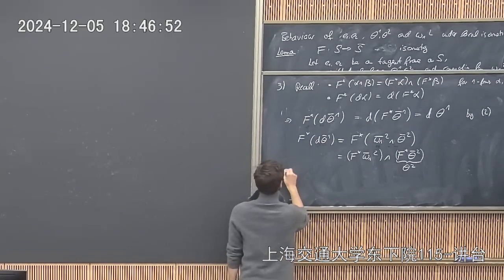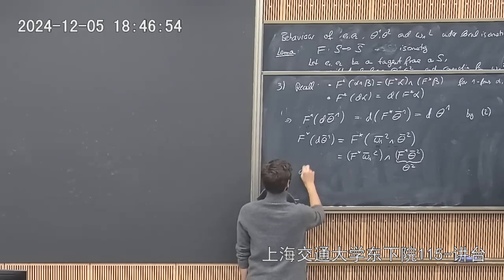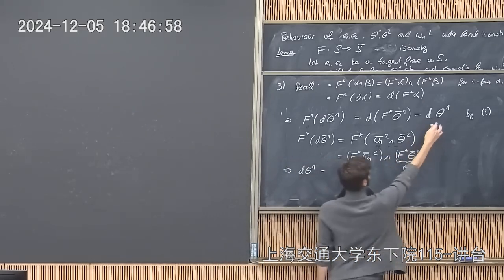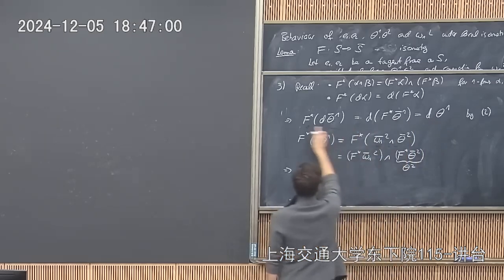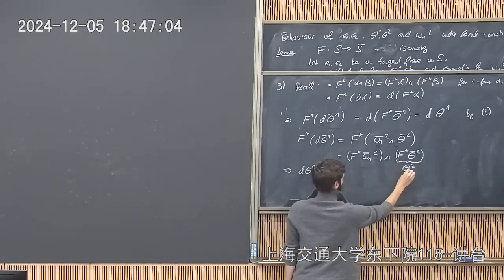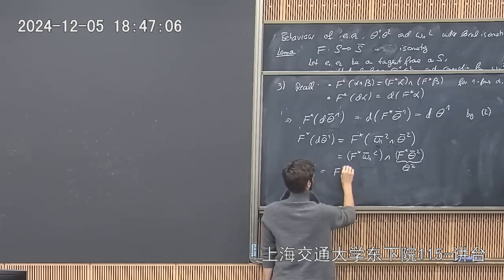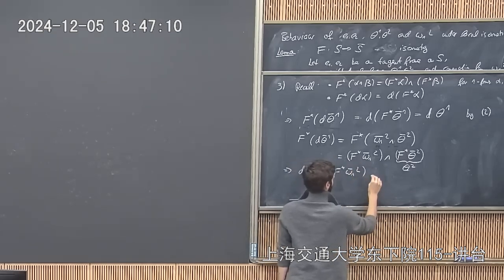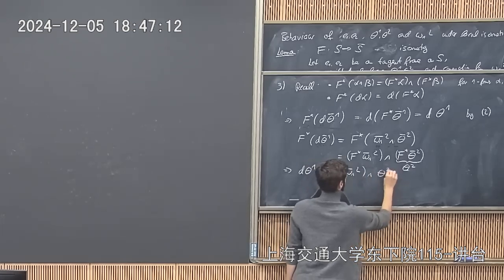So the upshot here is that if you read it from here, d theta 1 equals this guy, but this guy also equals this guy over here. So we get f star omega 1 2 wedge theta 2.